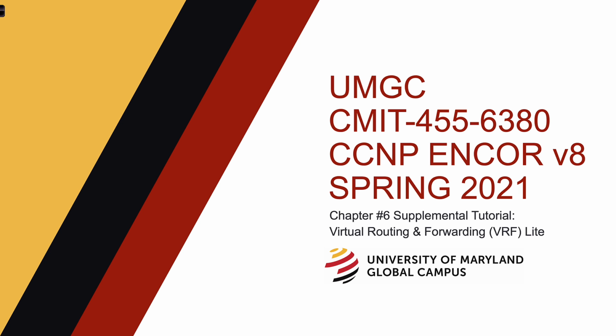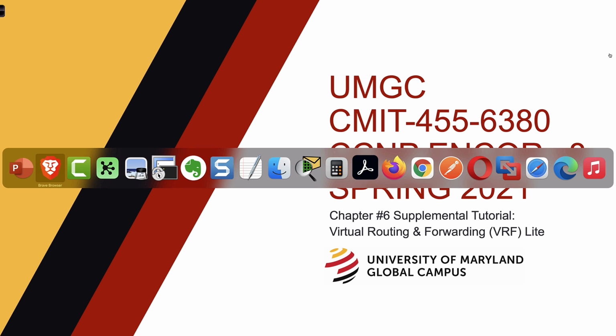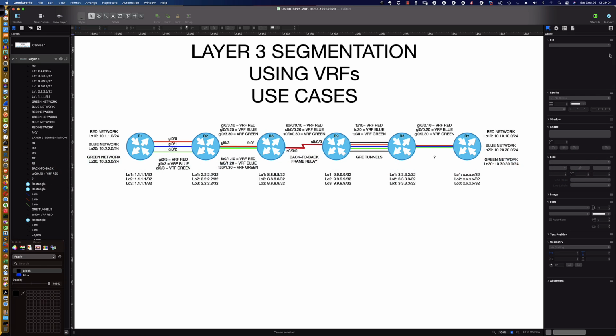Each day for the next 5 days, we're going to be digging into this topology right here, where we're looking at layer 3 segmentation using VRFs and specifically VRF-Lite throughout this environment. Each day we're going to deal with a configuration between two routers.